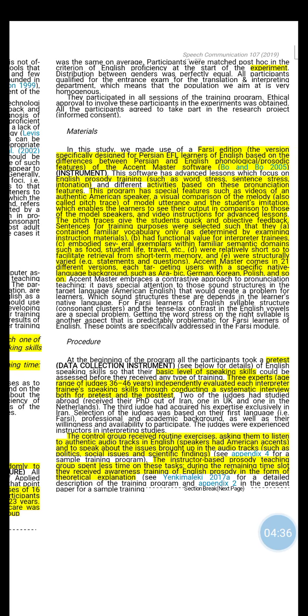By applying this software, they could know the result based on their English speaking skill, because these are English foreign language learners, so they would be assessed because they had different backgrounds before, and they wanted to assess and see based on their post-test result and then pre-test result.